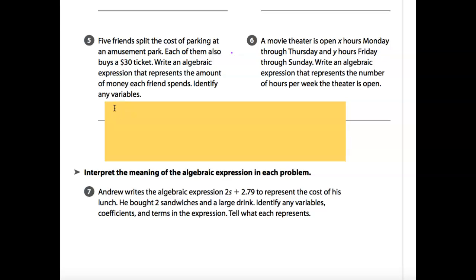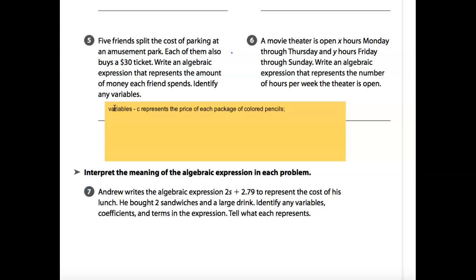All right. Well, the C variable, you know that C is a variable. C represents the price of each package of colored pencils.